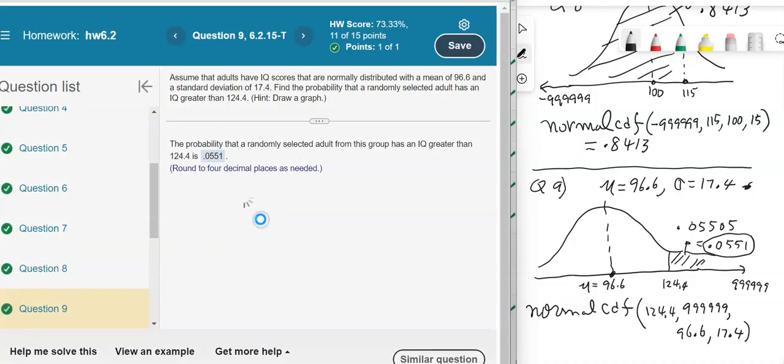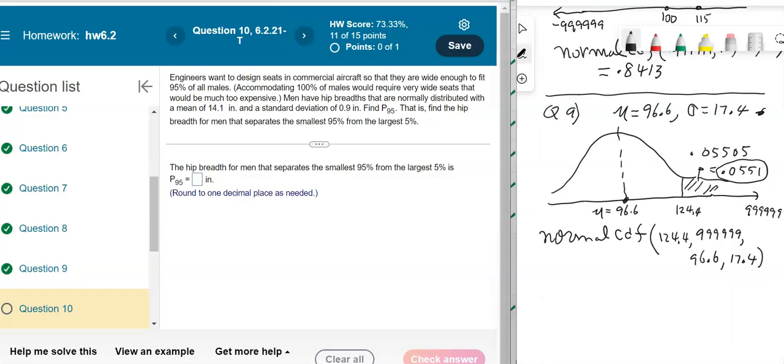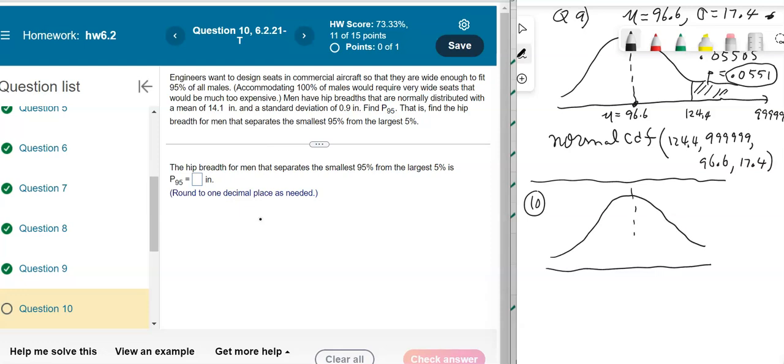Okay. Now question number 10. They want you to find P95. P95 is the 95th percentile. So 95% is 0.95, so this point is P95.